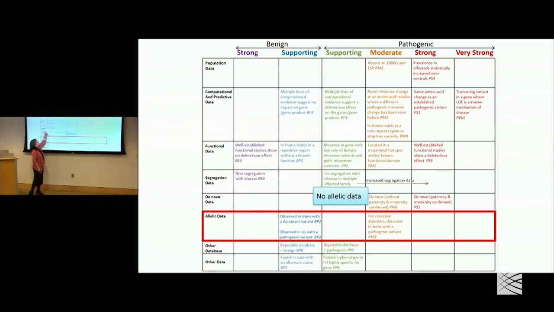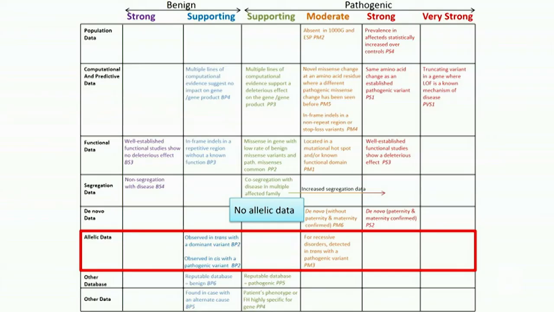Likewise, you can look at support for a benign effect if you observe a variant in trans with a dominant variant, particularly if the disorder is embryonic lethal with two impacts, right? In fact, this is how the Gary Cutting studies around cystic fibrosis variation were done.